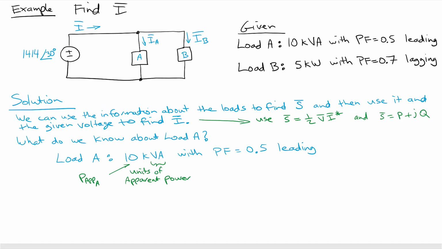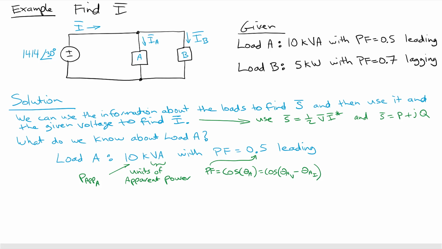So what is it that we know about load A? We know that load A has a power of 10 kVA, and that is units of apparent power. And there is a power factor of 0.5 leading.